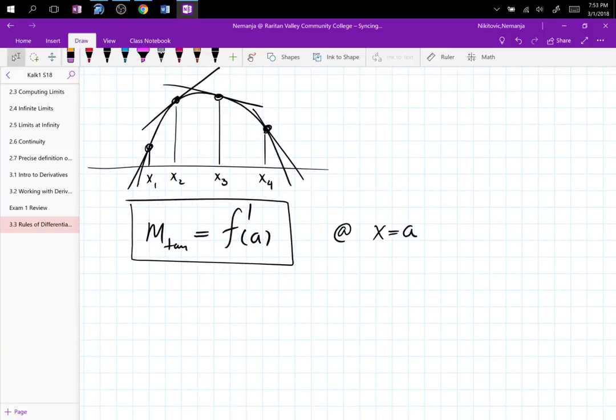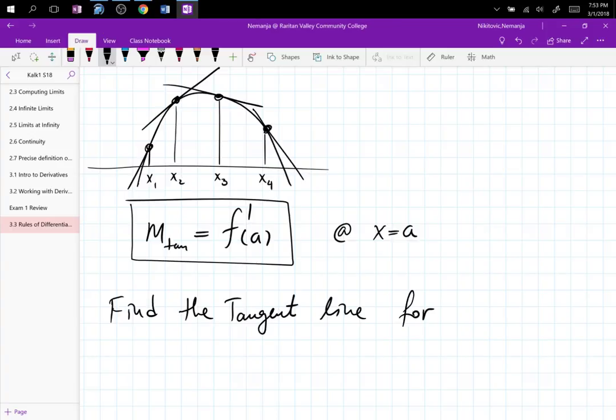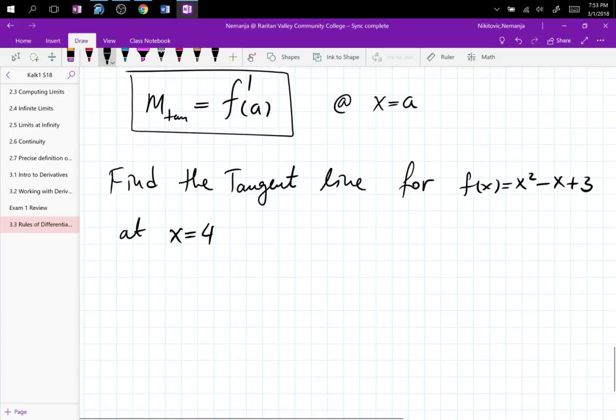So now let's have a problem. Find the tangent line for, let's say, f of x equals x squared minus x plus 3 at x equals 4. What do I have?